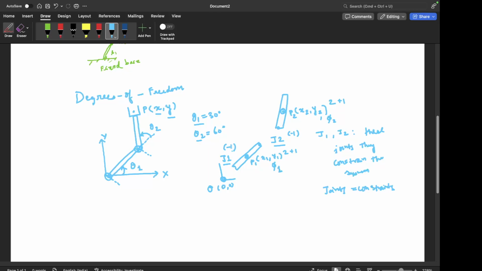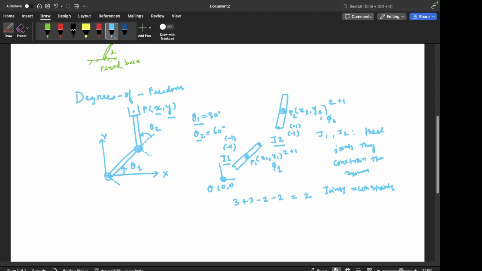Now, as I mentioned, these two joints, which I can also show you, take away degrees of freedom. They are constrained by these joints. So it's basically 3 plus 3 due to these two links, right? And due to each of that revolute joint, 2 degrees of freedom each taken away.